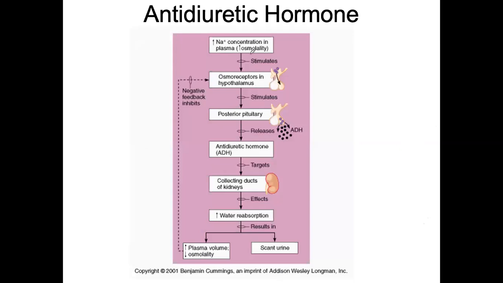Okay, let's look at the ADH pathway. And we covered this in endocrine and in blood pressure regulation, right? But let's go over it again. So when you have an increase in plasma osmolality, right? So high sodium concentrations and plasma osmolarity, again, 320 to, I think that other feedback loop said 400.